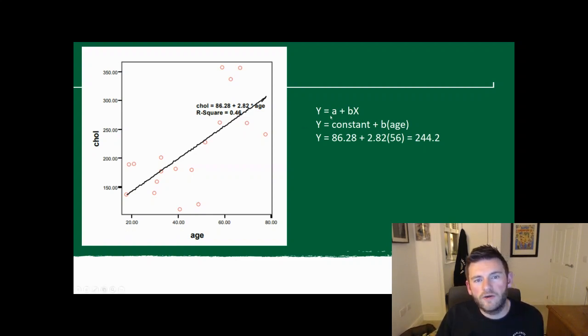So we've got our equation here, which is also what you see presented up here if you were to do this in SPSS. This is essentially showing you the exact same thing as that y equals a plus bx. So here we've got cholesterol is the y, 86.28 is the a value, the b value is 2.82, and x is age. And you've also got this thing called the R-square.